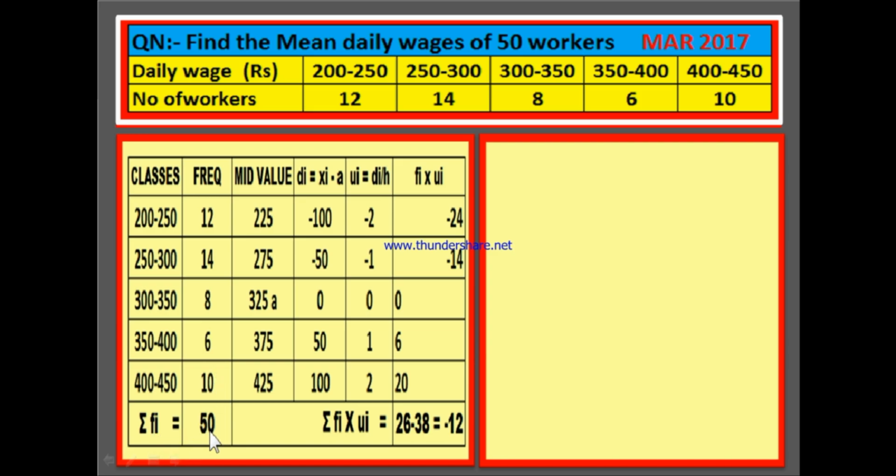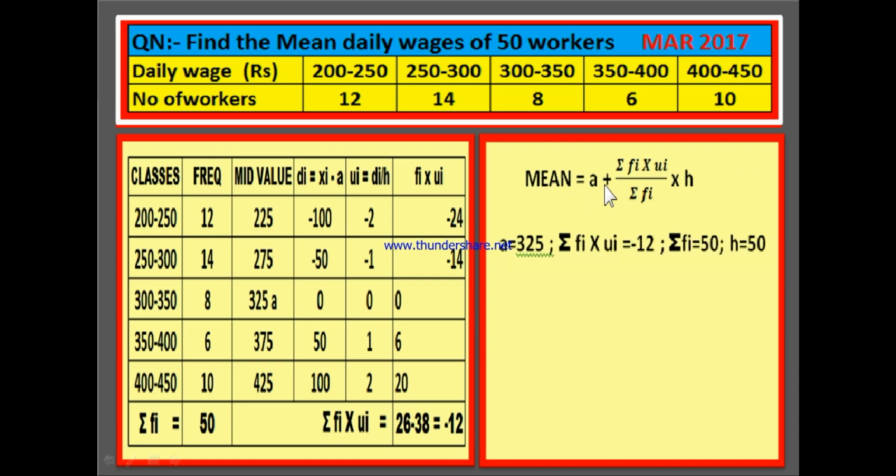We got sigma fi is 50 and sigma fi ui is -12, and A, the assumed mean, is 325. Now let us go to the calculation part. In order to write the calculation part, first of all write the formula to find arithmetic mean. AM or mean is equal to A plus sigma fi ui by sigma fi into h. This formula is to be applied when you use step deviation method.